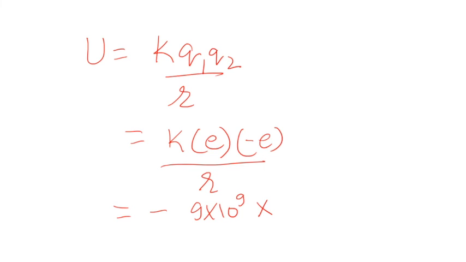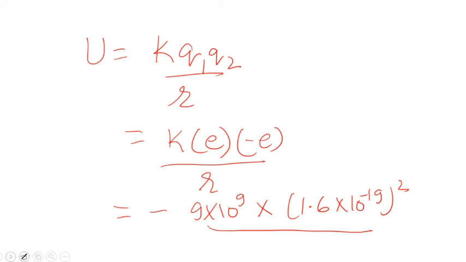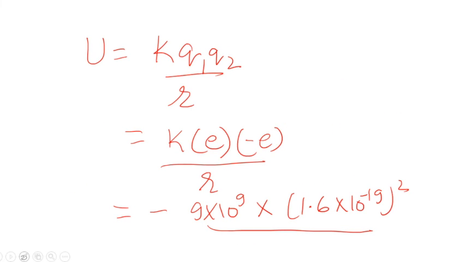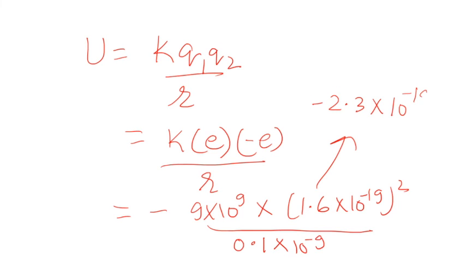This will be E square, so minus 1.6 into 10 to the power minus 19 whole square. And what is this R? R in the question it's given as 0.1 nanometer. So this is actually 0.1 into 10 to the power minus 9. Okay, so you solve this whole thing, you get minus 2.3 into 10 to the power minus 18 joule.